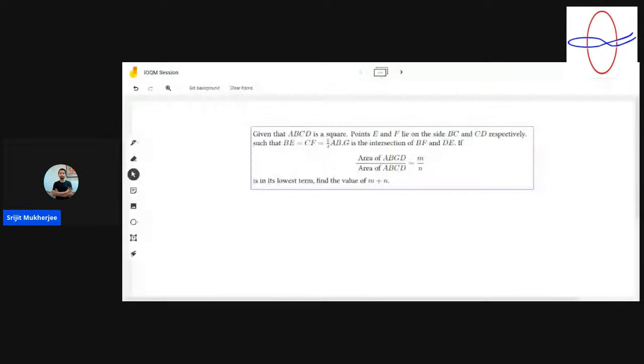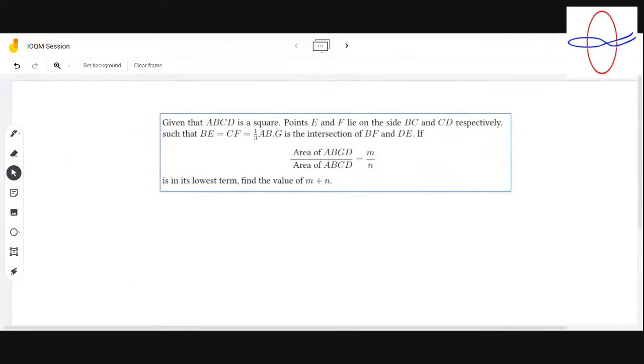Can you see the screen? Can you see the screen, guys? Okay, perfect.